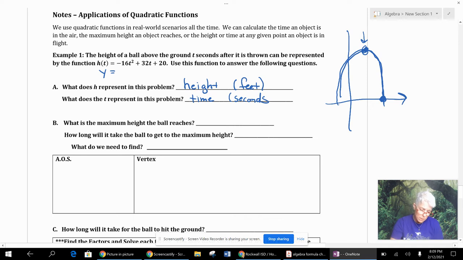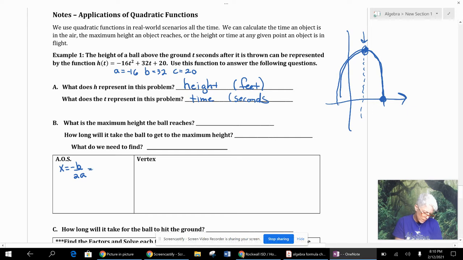So if you remember some of our definitions, you might remember axis of symmetry. We're going to actually use this formula to solve these questions. I'm just going to go ahead and write it in right here to remind you what it is. And then I'm also going to remind you that A in this original equation is negative 16, B is 32, and C is 20, just so you know where I'm getting these numbers.